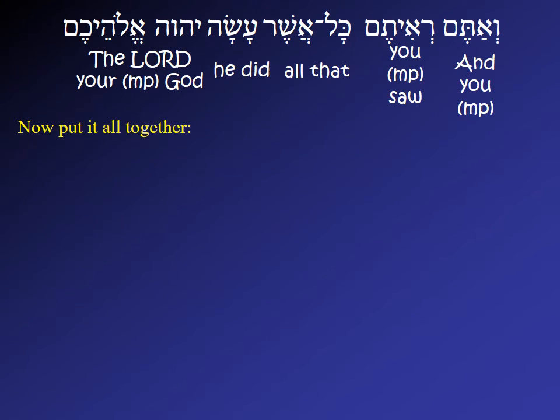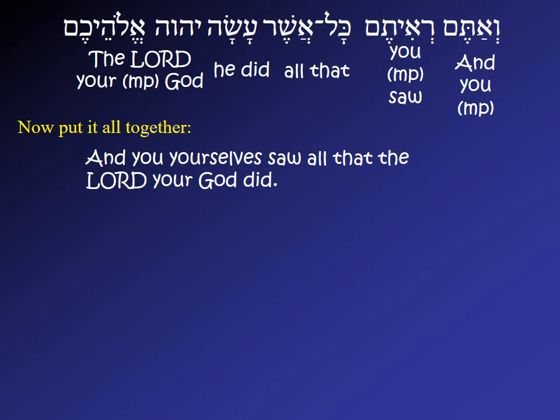Alright. So, to put it all together, something like, and you yourselves saw all that the Lord your God did. Notice that the ve'atem at the beginning is grammatically unnecessary, and it's also prior to the verb. And so we have an emphasis here on the subject.